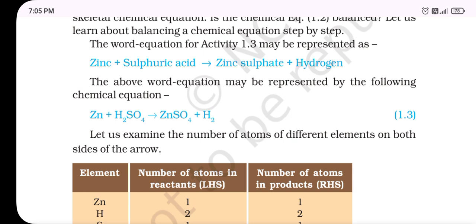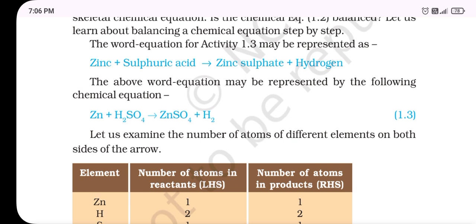The next example is gold, which is even less aggressive than silver and cannot displace the hydrogen from sulfuric acid. If I put gold in the place of zinc, then gold plus sulfuric acid does not form gold sulfate. No way, it gives just sulfuric acid plus gold.